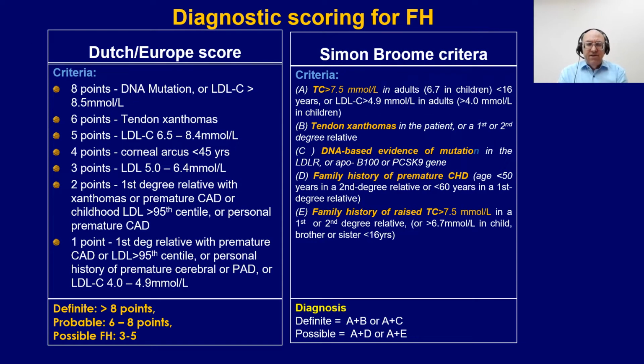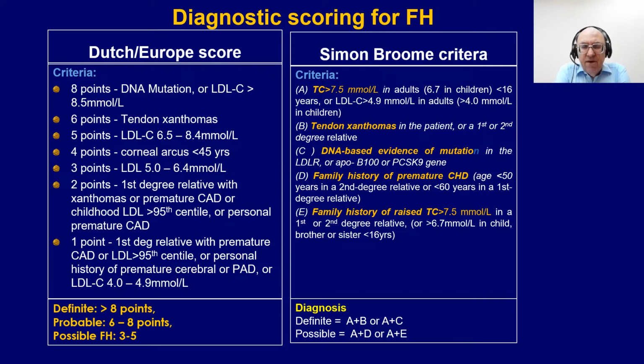The standard methods used to try and identify individuals with FH for index case testing are a variety of clinical scores and clinical criteria. Originally, we used to use the Simon-Broom criteria, which basically rely on LDL cholesterol, which in UK terms is above the 90th centile, allied with the presence of physical signs or DNA evidence of mutation or premature coronary disease in the family.